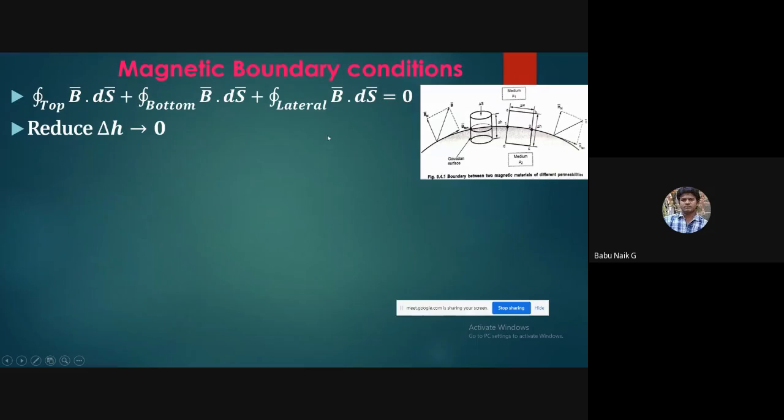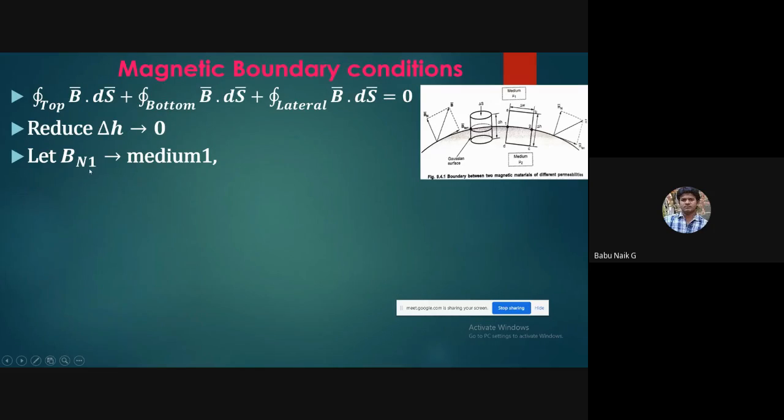For this cylindrical shape, consider delta h tends to 0. After considering delta h tends to 0, you can write the normal magnetic field in medium 1 and medium 2.